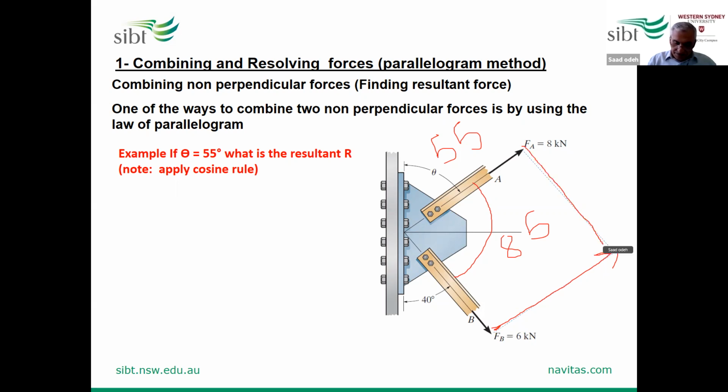When we complete this, this is what we call a parallelogram, and as we said last week, the diagonal of this parallelogram represents the resultant force of the force system. So this is R.